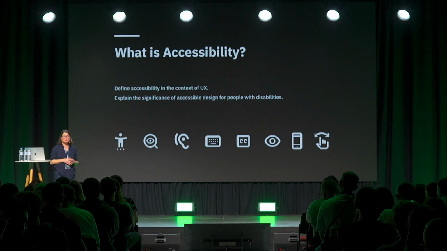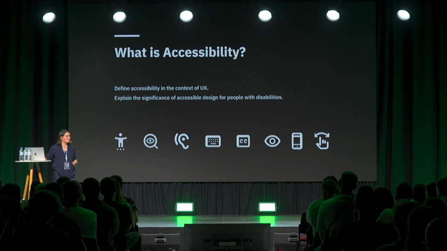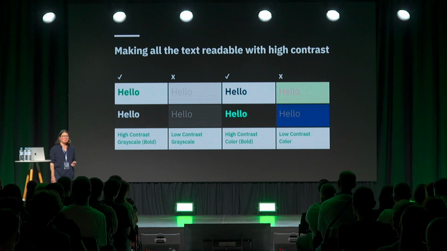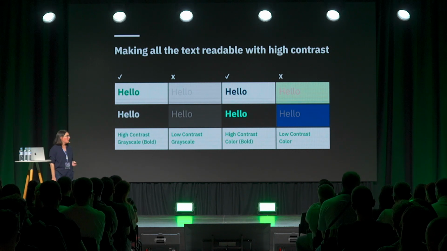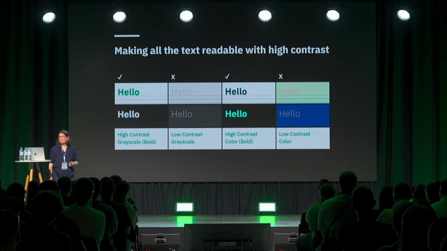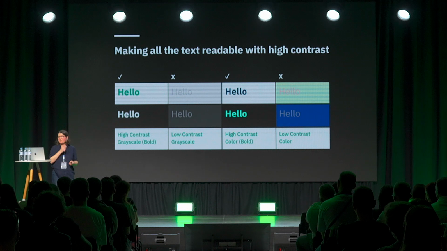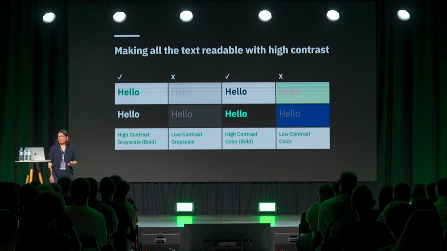Next, I'll share a few slides of how to increase accessibility within the UX. One simple step to increase accessibility is to make the text readable with high contrast text and using variable fonts that support a variety of weights. High contrast can be seen here on the left with the white font on a black background and a black font on a white background.